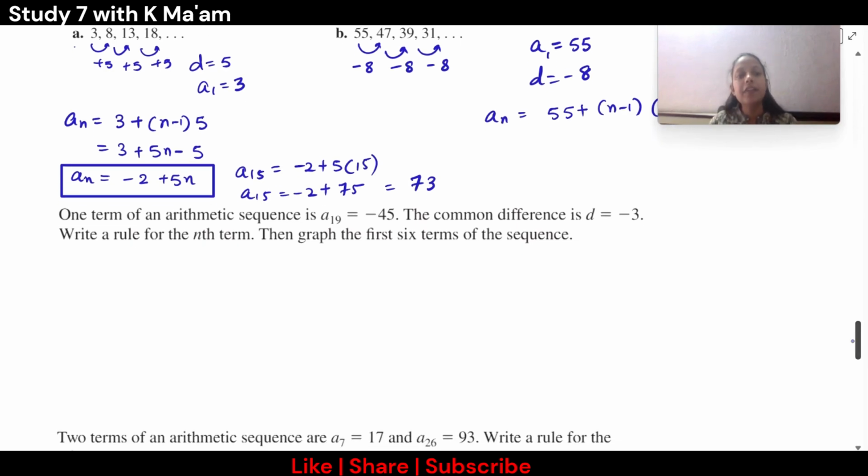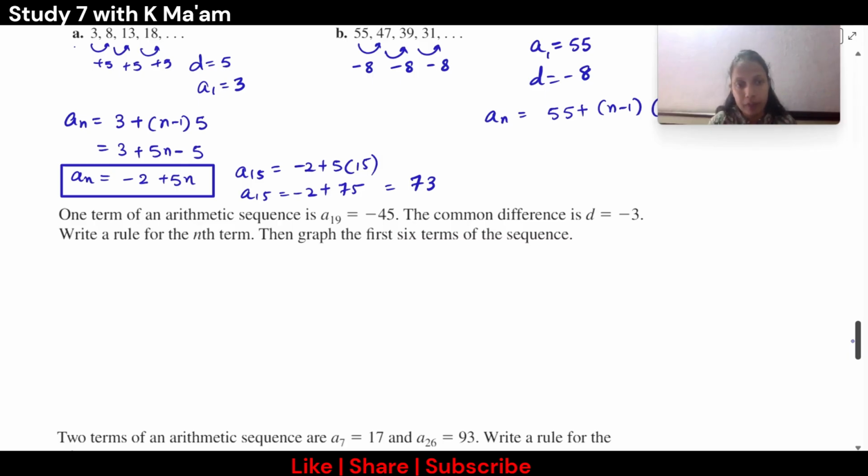It says one term of an arithmetic sequence, a19, is negative 45. So what are we provided with? We are provided with the 19th term. The 19th term is negative 45. The common difference is negative 3. Write a rule for the nth term.